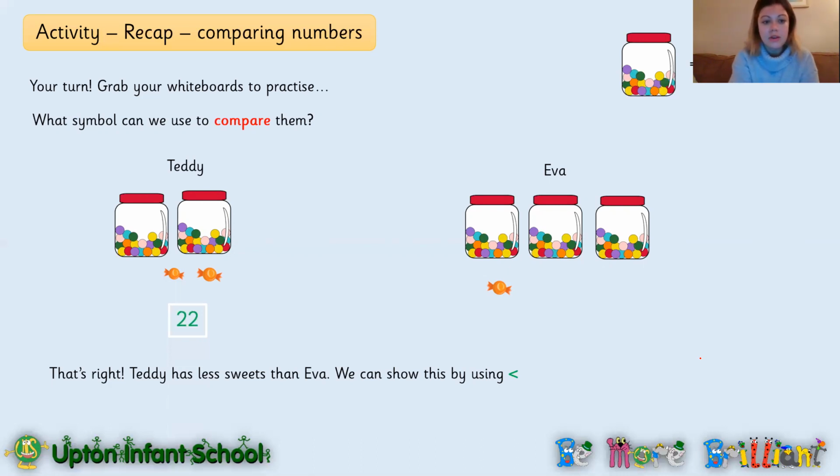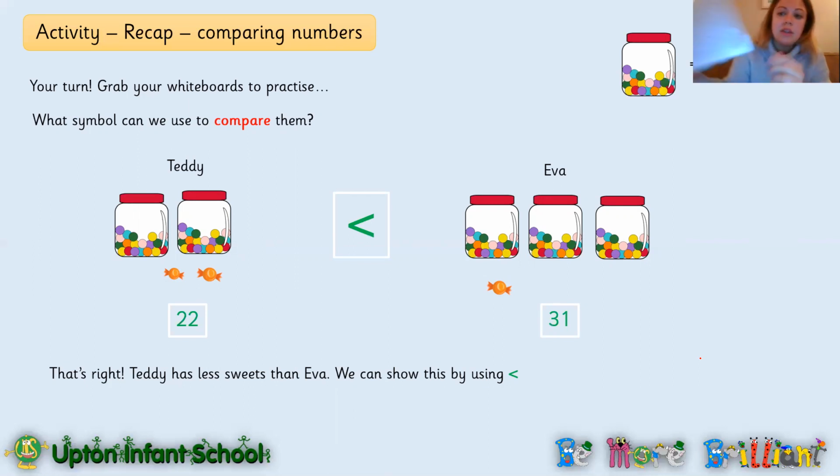Okay, welcome back. So we have worked out that Teddy has 22 sweets and Eva has 31 sweets. So well done if you got those right. So we know that Eva has more sweets than Teddy. So Teddy's 22 sweets are less than Eva's 31. 22 is less than 31.